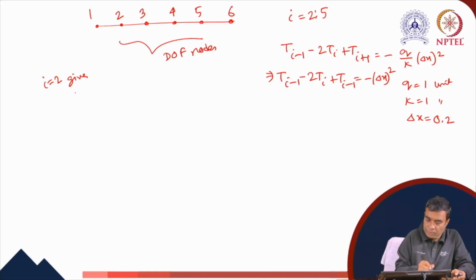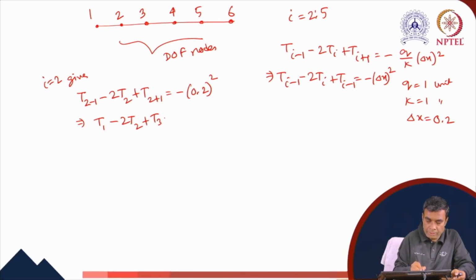So here we get T(2-1) minus 2T2 plus T(2+1) equals minus 0.2 whole square. So we get T1 minus 2T2 plus T3 equals minus 0.04.